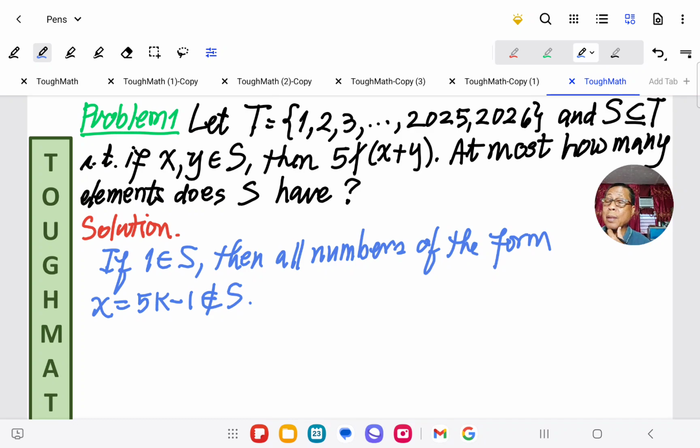Therefore, X and Y cannot both belong to the set S. Only one of them can belong to the set S.